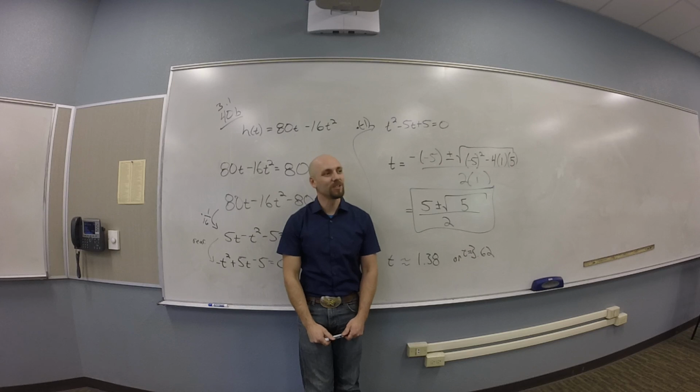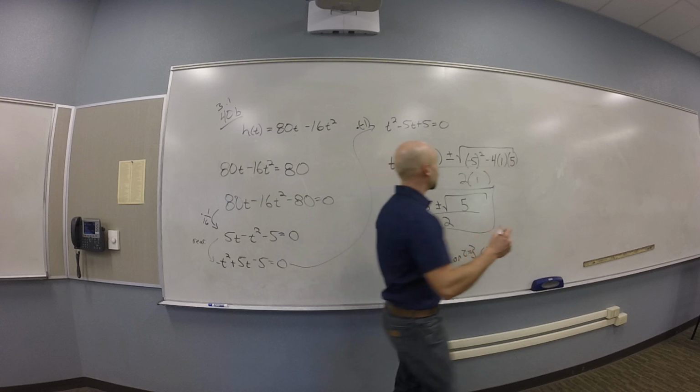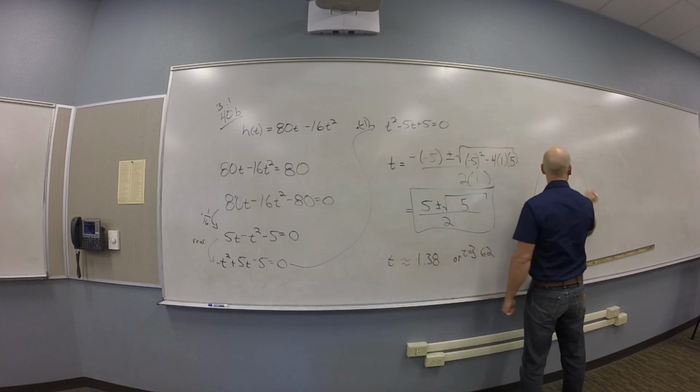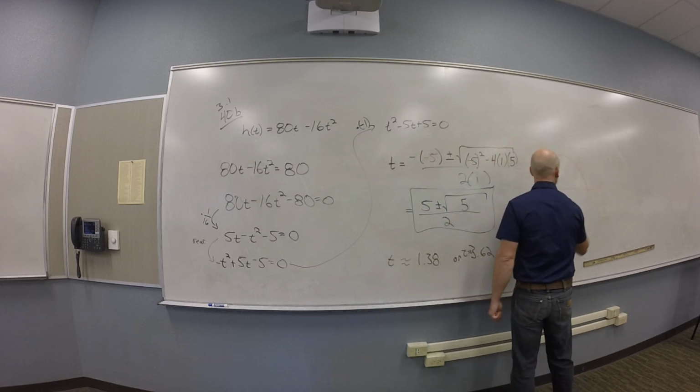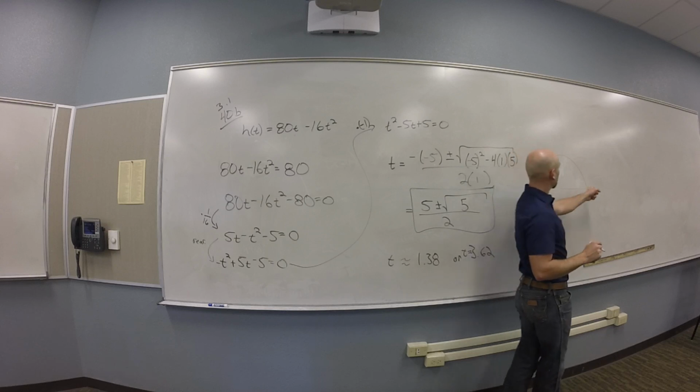Once you've found these, what do they mean? You threw a ball, right? The height of the ball is 80 at the times where you solve for t. You have a ball that looks like this, and 80 is not the vertex. These are not the intercepts.